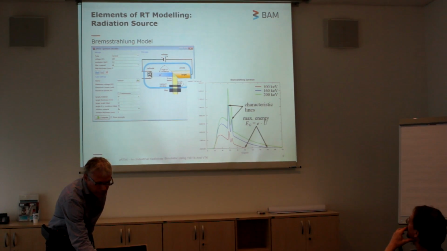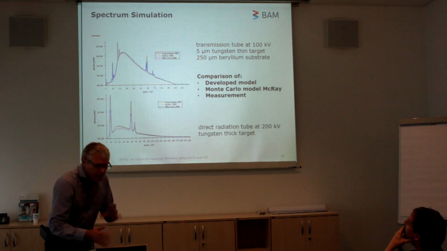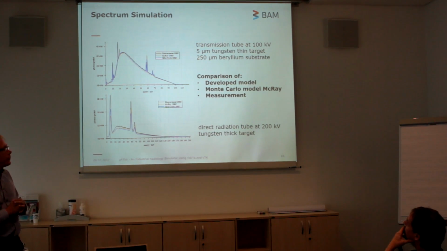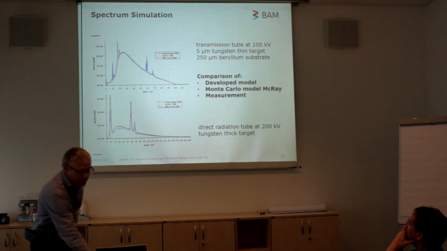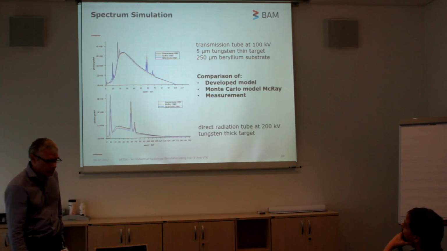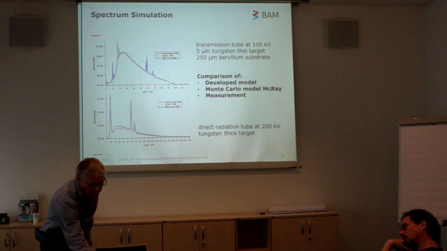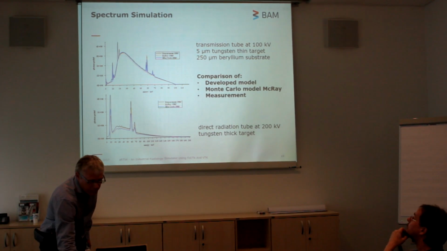Also, characteristic lines are counted from the target material, and of course, all the components have been evaluated against measurements. So here is a comparison between measurements and these spectrum simulations for two energies, one in a 100 kV range and one in a 200 kV range.